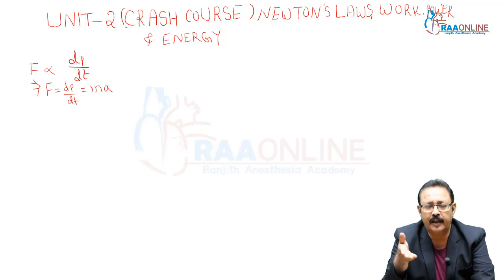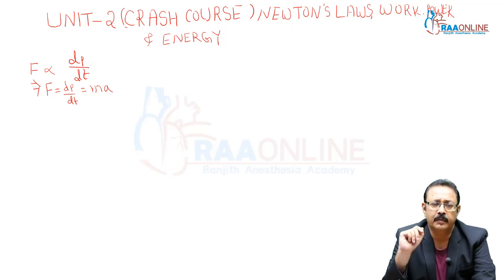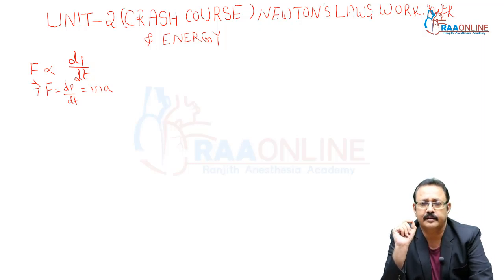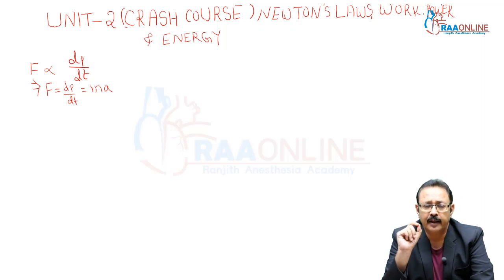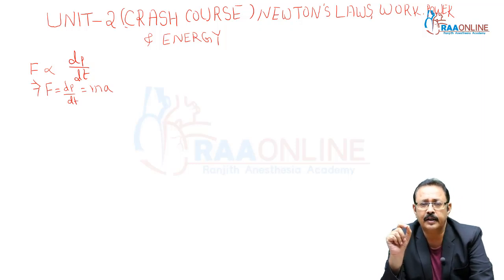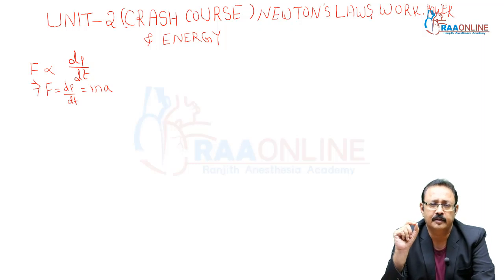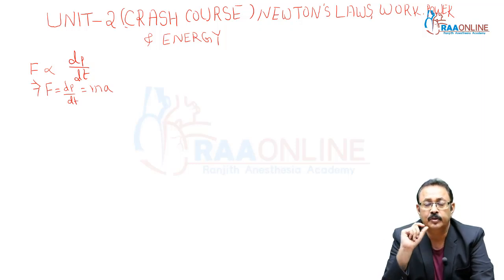You are walking with the help of this force only. But one question arises. If Newton's third law is helping us in walking, but we are saying action and reaction are opposite and equal, so two opposite and equal forces should cancel each other. So how is walking possible?